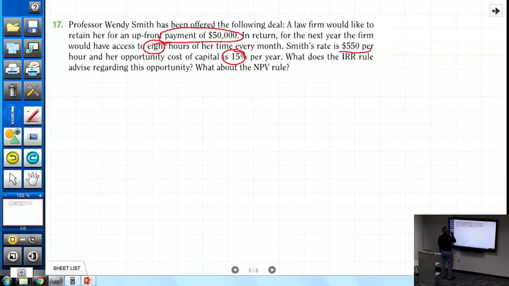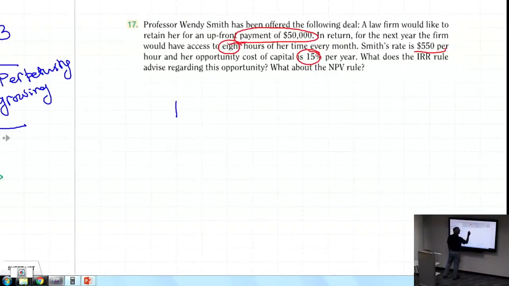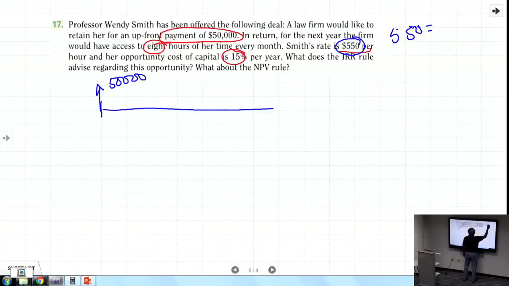So again, we have to put together a timeline. She has an upfront payment of 50,000. Then her monthly time, the rate times 8 hours, so 550 times 8, that's $4,400.